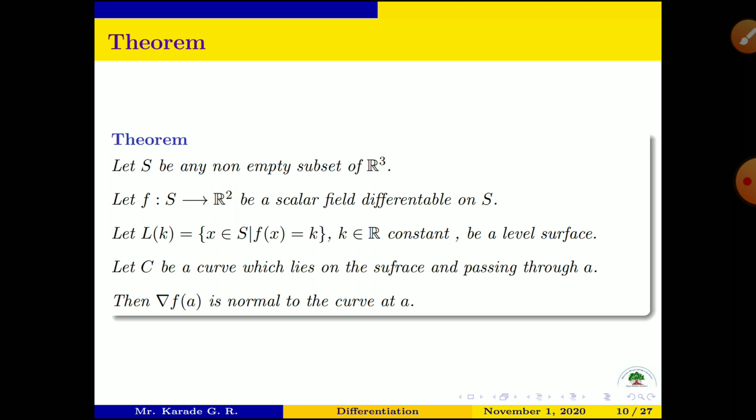It is a very simple concept, and that vector is the gradient of f at a. So keep in mind that the vector gradient of f at a is a normal vector to the given curve at point a, or to the given surface at point a.